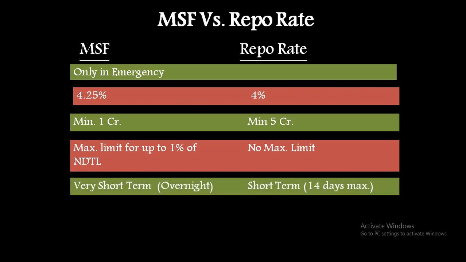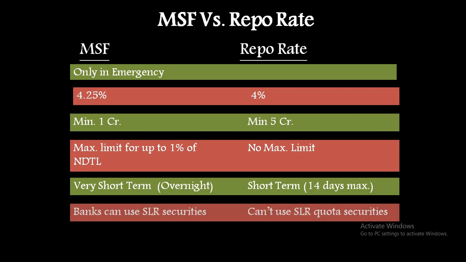Next, MSF is required for a very short time, that is overnight, and the time duration for repo rate is 14 days at max. Another difference with the repo rate is that banks can pledge government securities from the SLR quota up to 1% under the MSF.